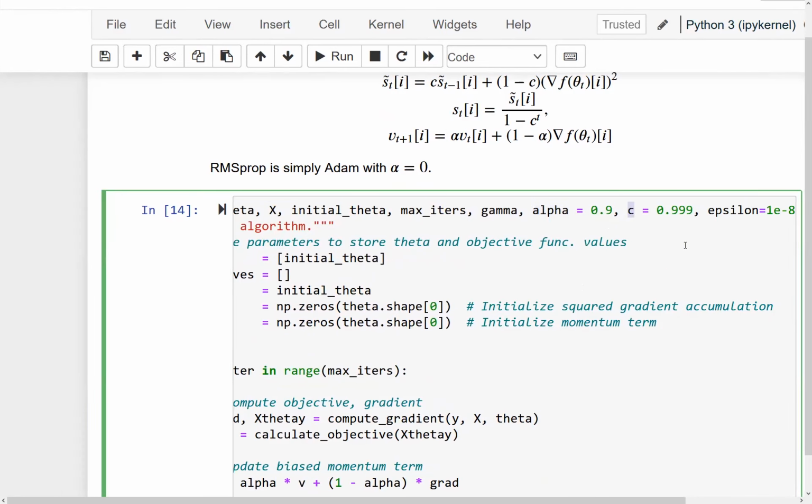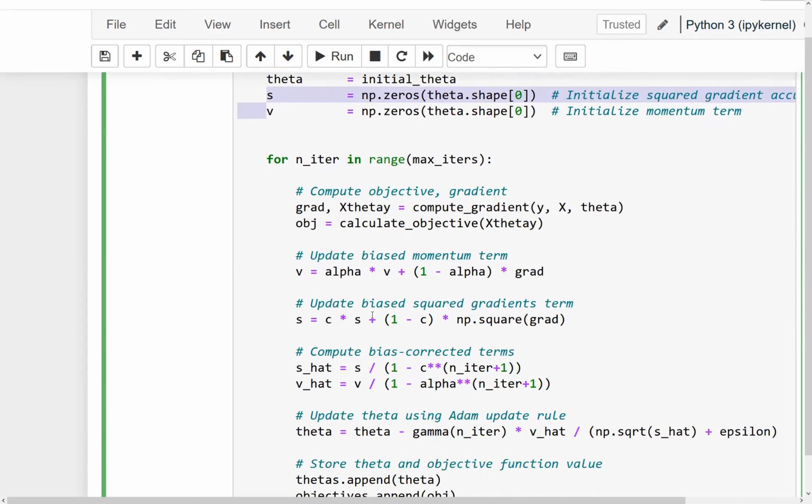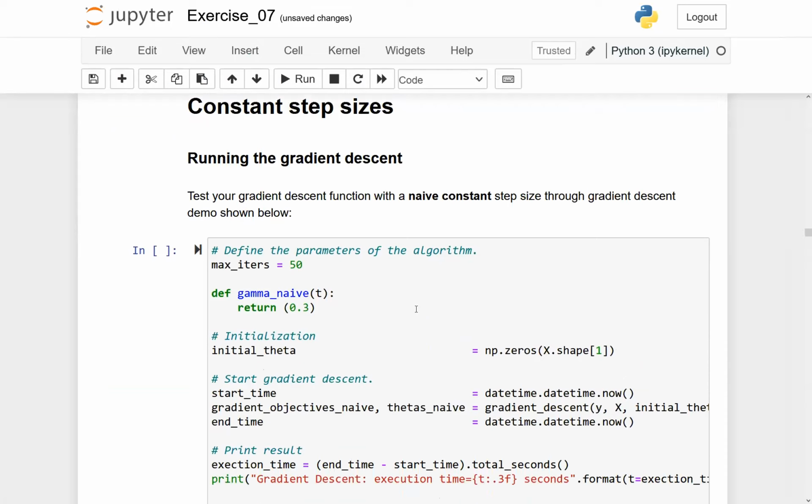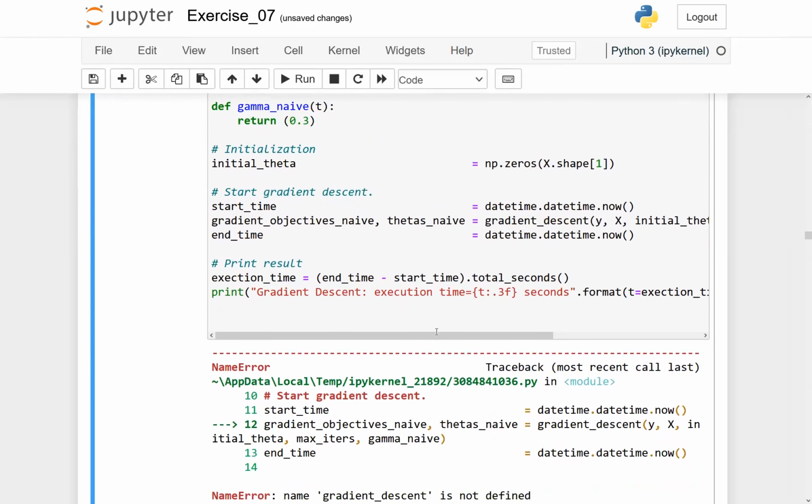What is new here is that we also have this momentum term additionally to the s term, which we update using this update procedure, more or less what we see here. Okay, then let's see how these adaptive gradient methods perform for this simple least squares estimation task.